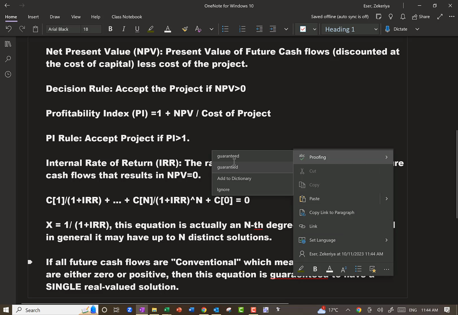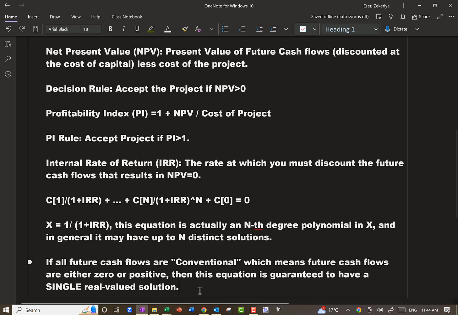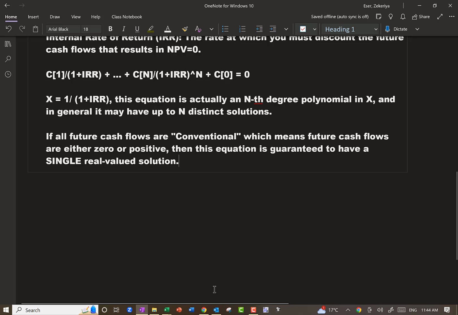If you allow imaginary numbers as solutions, obviously, a polynomial of degree n can have up to n different solutions, but in real numbers, it has only one solution.